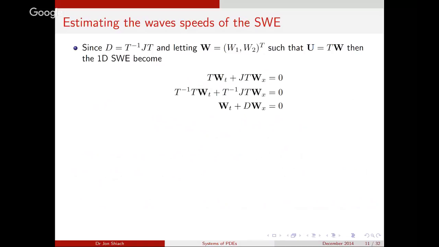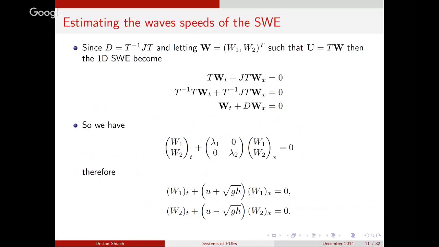You might have seen something like this if you've done chaos in nonlinear dynamics. So if we write that out in full, let's say W is W1 and W2. My D matrix is my diagonal matrix of eigenvalues, and I've got W1 and W2 with respect to X. I can multiply out those, and that gives me two equations like this.